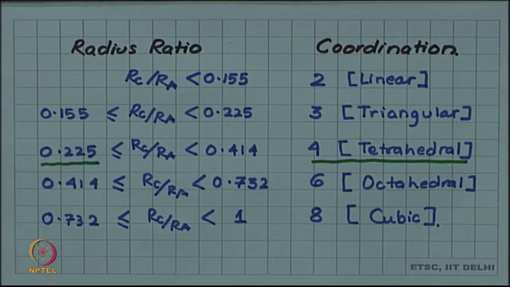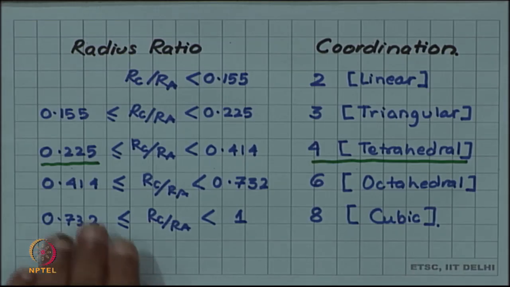The two facts are not inconsistent, but sometimes it creates a confusion whether this is a minimum or maximum for tetrahedral coordination. So, 0.225 is the maximum sized sphere which will fit in a tetrahedral void in cubic or hexagonal closed packed structure, but it is the minimum radius ratio at which the tetrahedral coordination becomes stable.